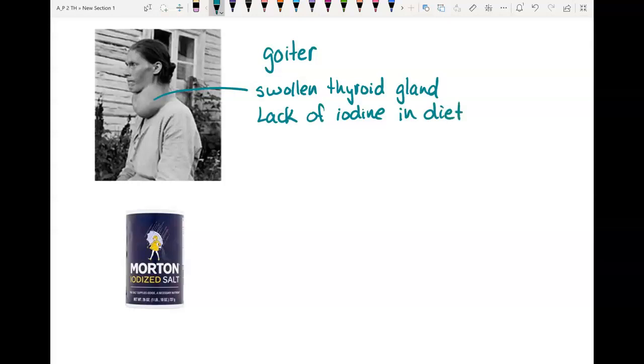So your thyroid gland needs iodine in order to make thyroid hormone. So if you lack iodine in the diet, then you can't make thyroid hormone.